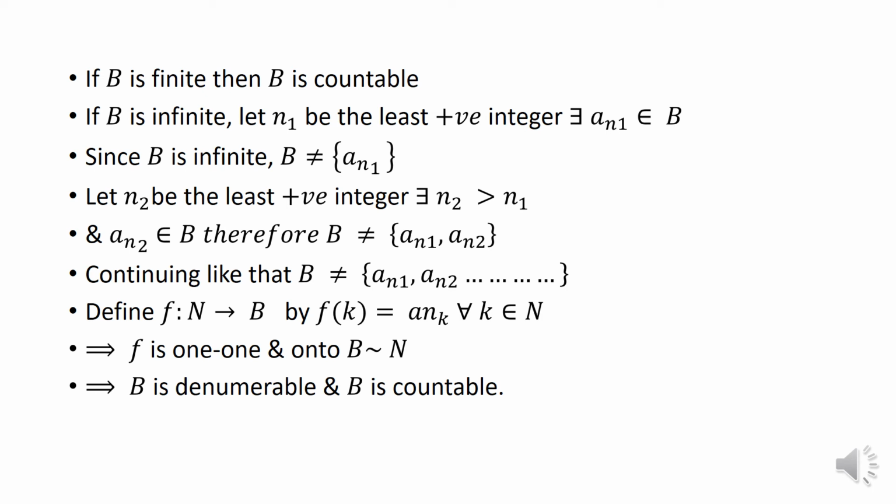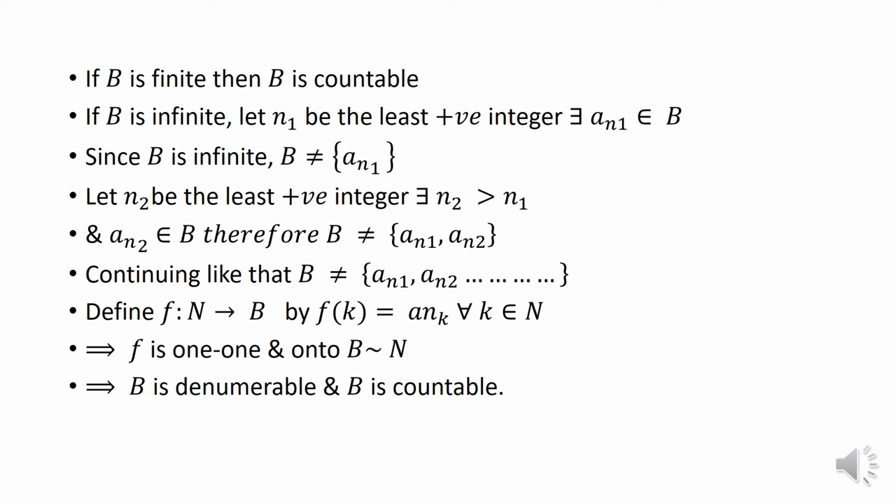Let n1 be the least positive integer such that a_n1 belongs to B. Since B is infinite, B is not equal to the set {a_n1}.